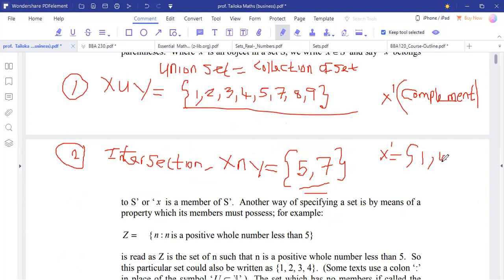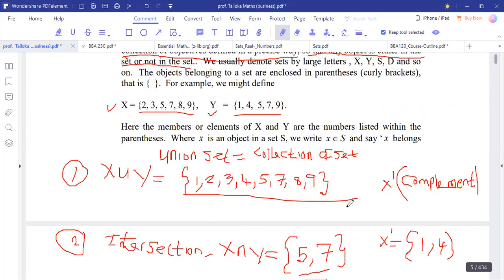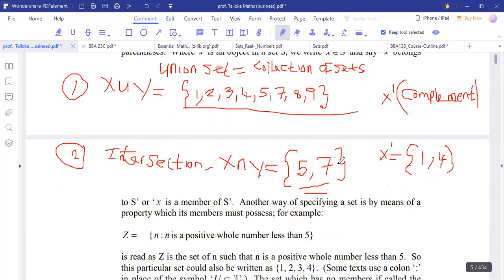Looking at set theory, this is very important to understand before we get into the details. We have the union, the collection of sets. Then we have the intersection, which looks at the common items found in both events or both sets. And then the complement simply means what is not found in a given set, like X complement.